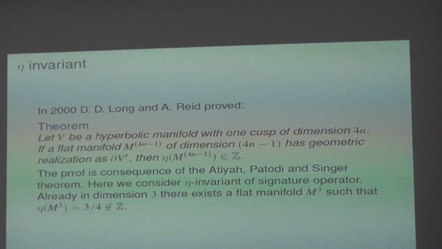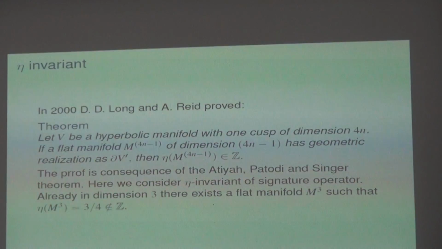If we have a hyperbolic manifold with one cusp of dimension 4n, and the flat manifold of dimension 4n minus 1 has a geometric realization, that is, it is realized as the cusp of some manifold, then the eta invariant of the signature operator of this flat manifold has to be an integer. This is an easy consequence of the Atiyah-Patodi-Singer theorem.